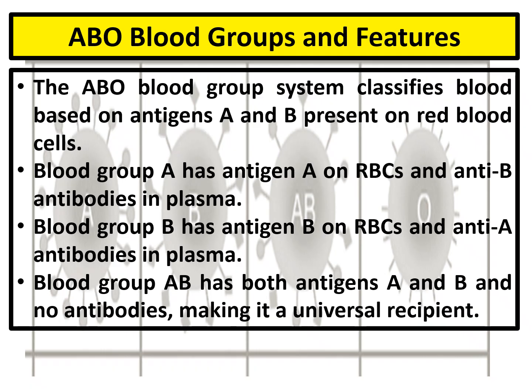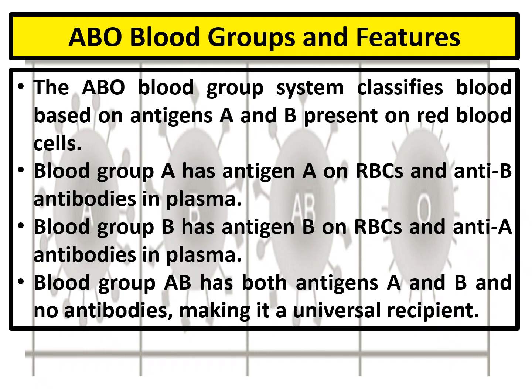There are two types of antigens, A and B. If the antigens are present on the red blood cells, based on that, the blood group classification was done by Karl Landsteiner. Blood group A has antigen A on red blood cells and anti-B antibodies in the plasma. It will be the opposite.